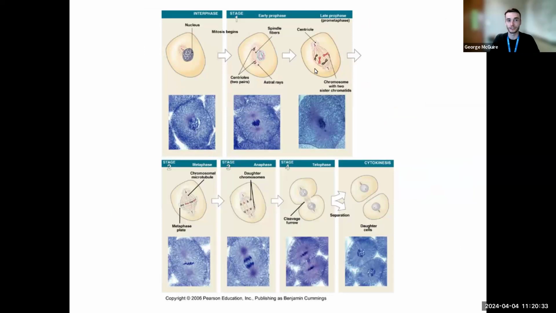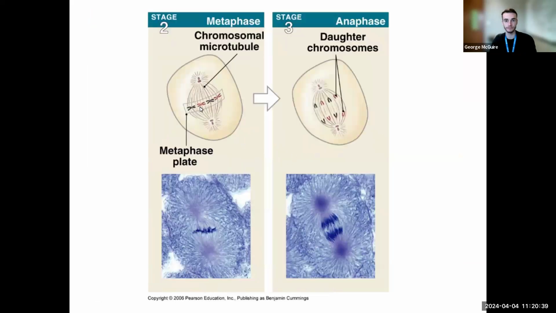So after all the chromosomes have been duplicated into their sister chromatids, those sister chromatids will line up on the metaphase plate. See here? So they kind of line up in the center of the cell. And a bunch of spindle fibers, these microtubules, are going to extend from their centrioles and attach to each kinetochore. And then they will start to shorten, which pulls each sister chromatid apart so that you get one copy of those original chromosomes going to each side of the cell.